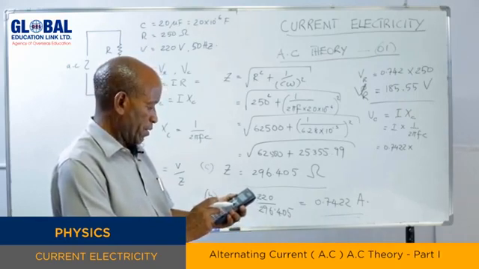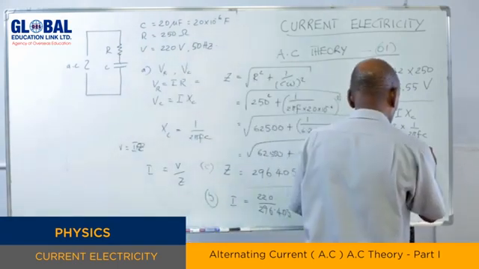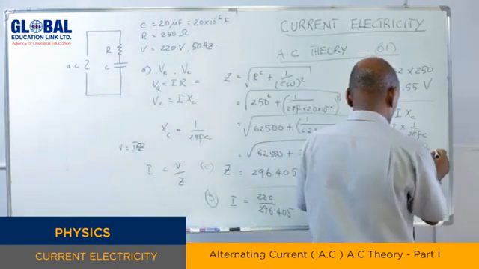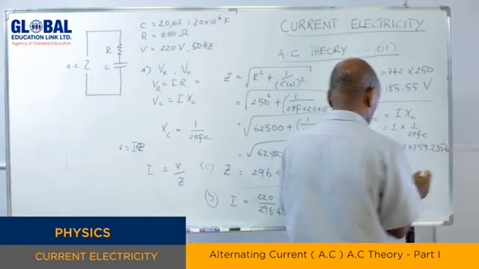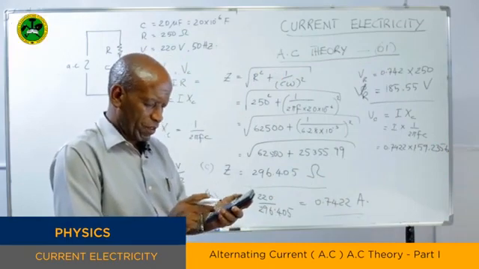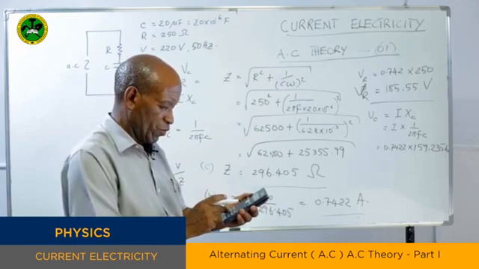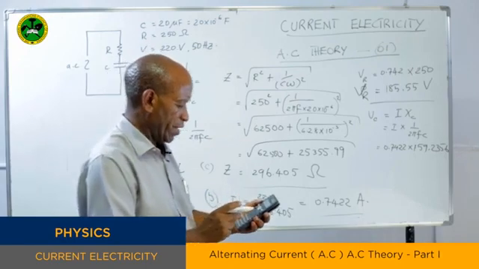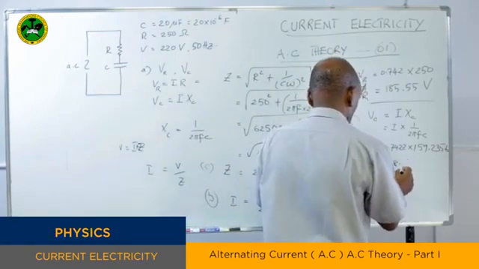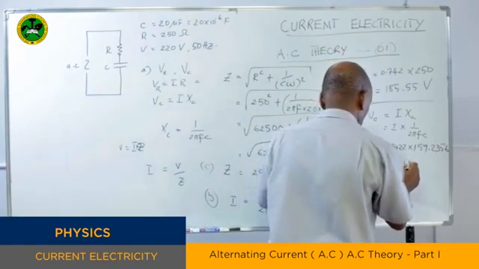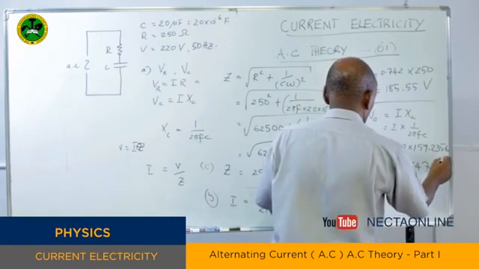I multiply, and here I'm getting 159.2356, multiplied by 0.7422. We are getting 118.1847 volts.